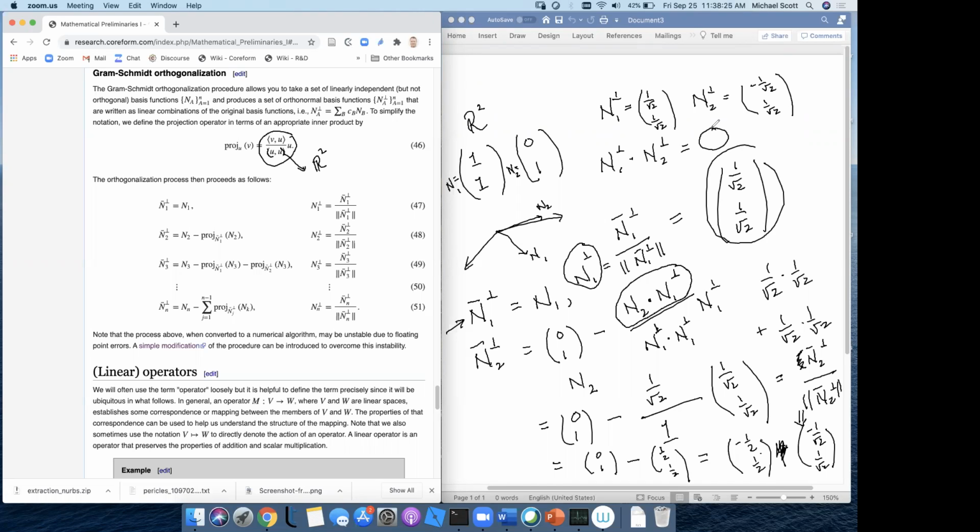So there you go. That's Gram-Schmidt on R2 with 2 linearly independent but not orthonormal vectors.